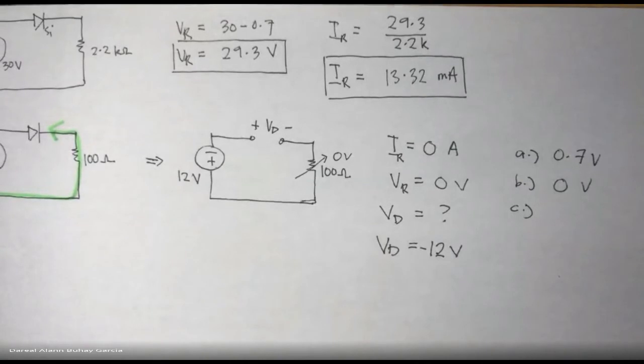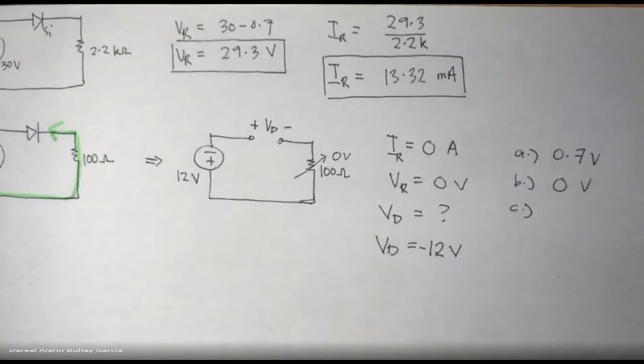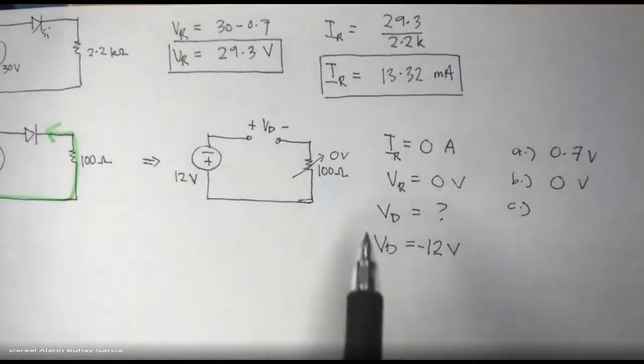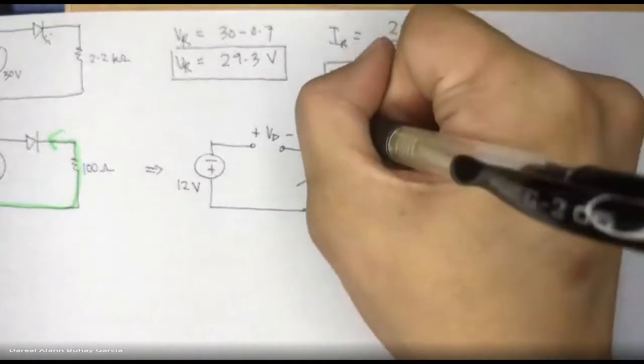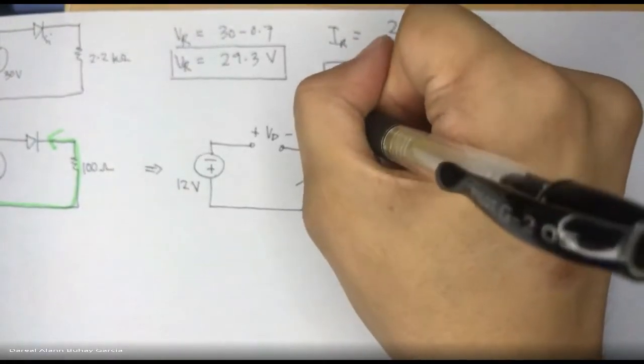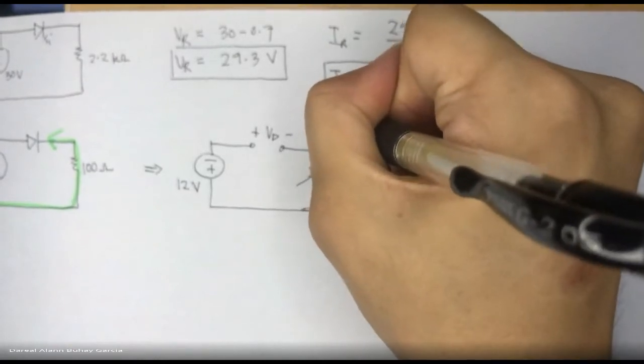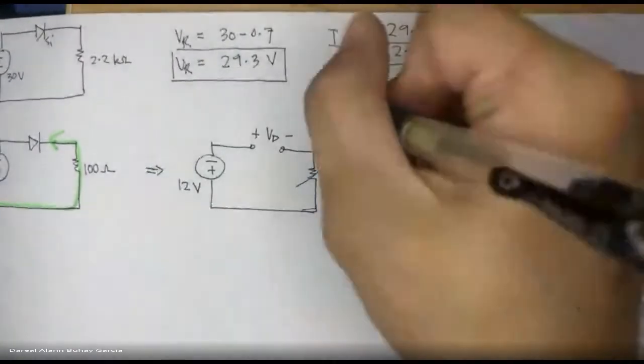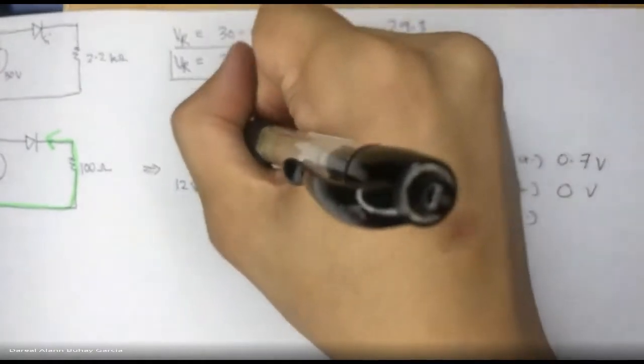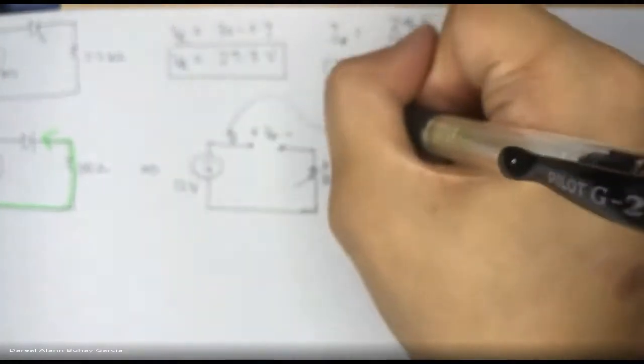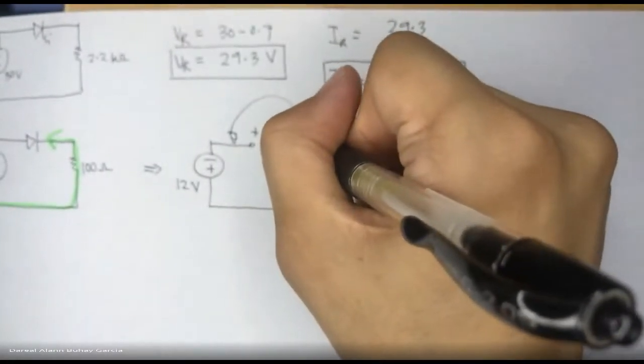Just try to imagine another one. If we no longer need to invoke KCL, we have a multimeter here. Okay, multimeter. We want to measure its voltage drop.